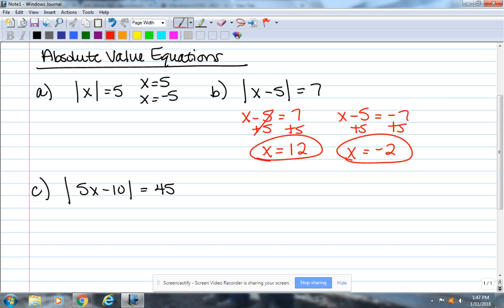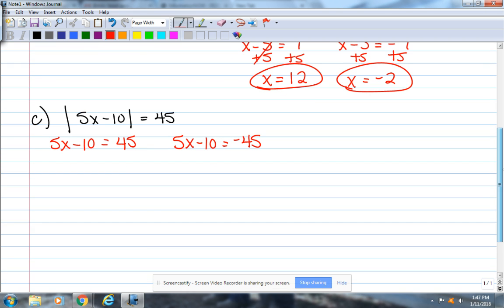For the first problem, we say 5x minus 10 equals 45, just like it does without the bars. And then the other option is 5x minus 10 equals negative 45. So the first one is exactly like it says without the bars. The second one, you make it equal to the negative value of that number. And then you just solve the two equations.